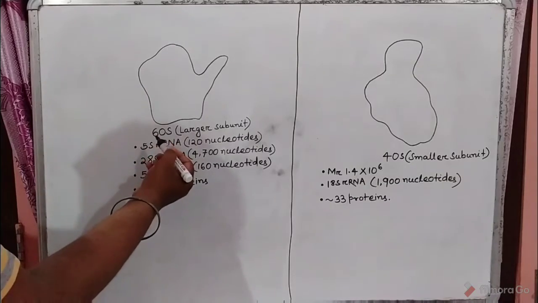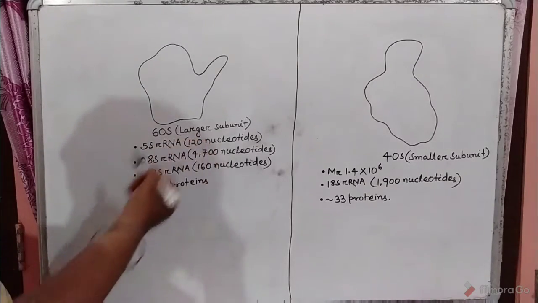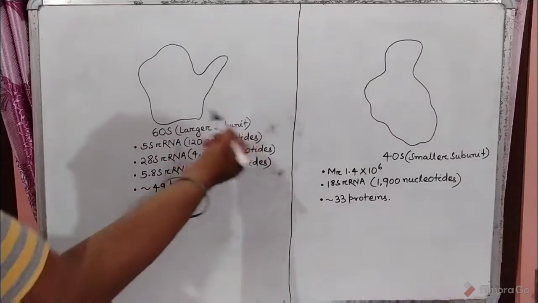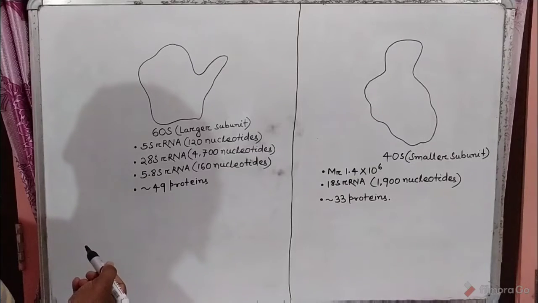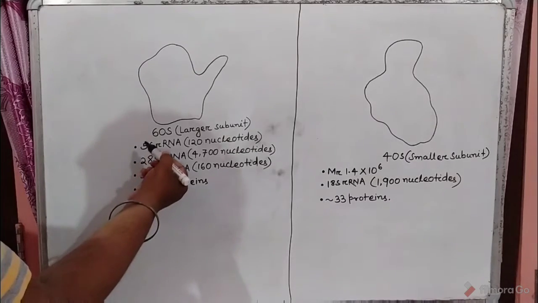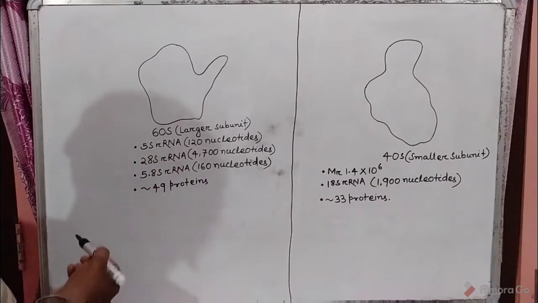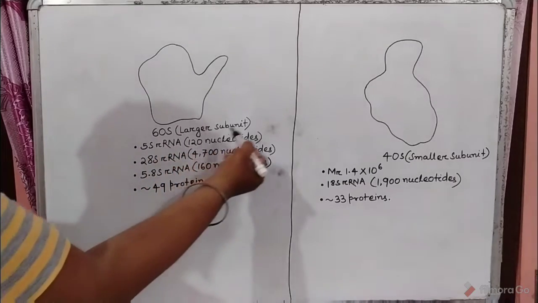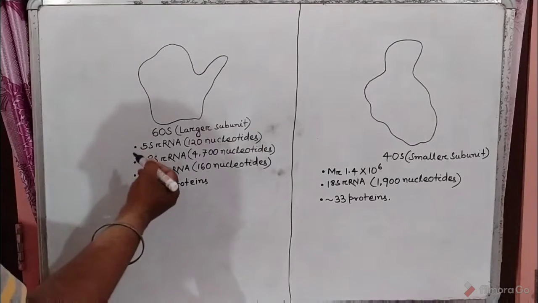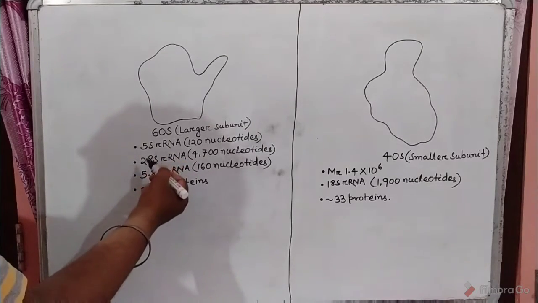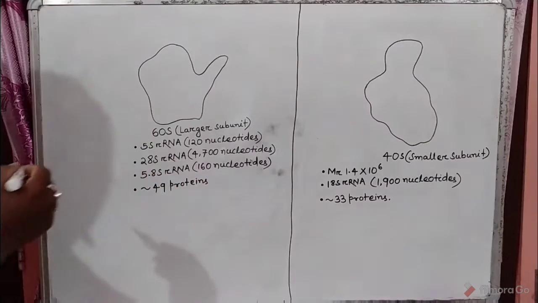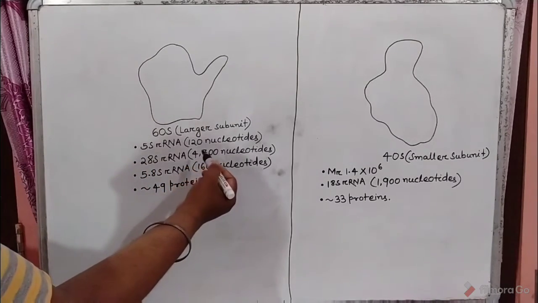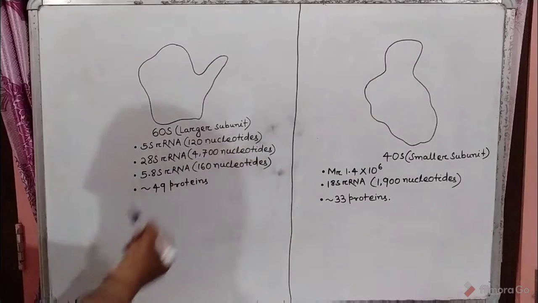This is the structure of the 60S subunit. It is considered the larger subunit of the 80S ribosome. It contains 5S rRNA, which has 120 nucleotides. It also contains 28S rRNA, which has 4,700 nucleotides.